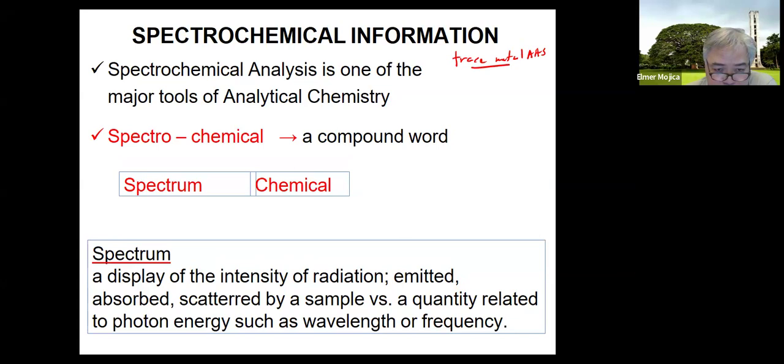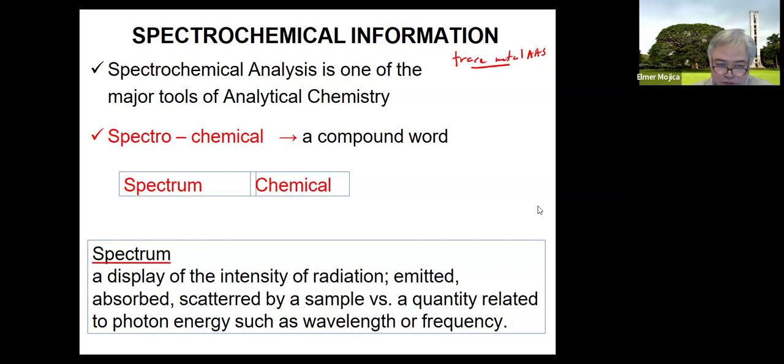Spectrochemical instrumentation is used not only for direct analysis, but also as a tool to monitor chemical reactions or the effluent of chromatography or automated flow analyzers. Once you separate the components in chromatography, usually you use a spectrochemical method to determine those separated components.